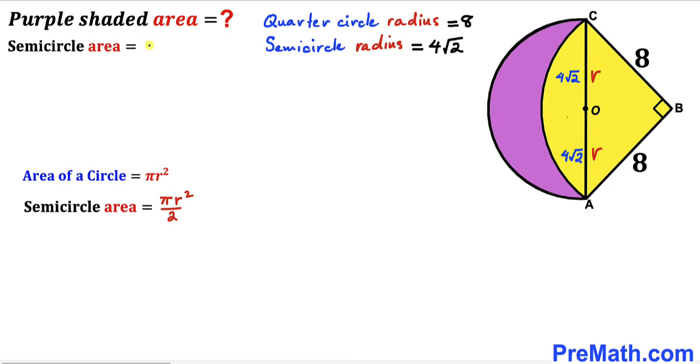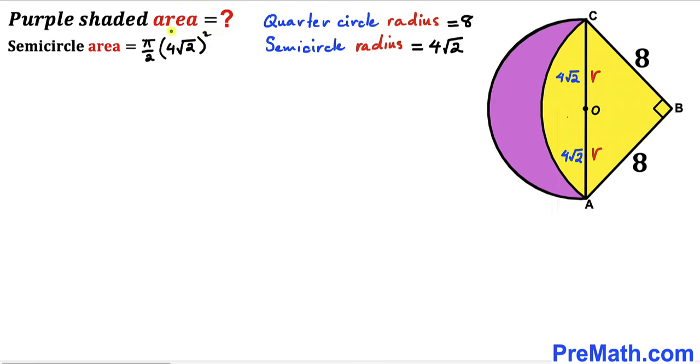Let's fill in the blanks: pi divided by 2 times 4 times square root of 2 whole square. We know that 4 times square root of 2 whole square is 32. So if we simplify, we get pi divided by 2 times 32, which is equal to 16 times pi.